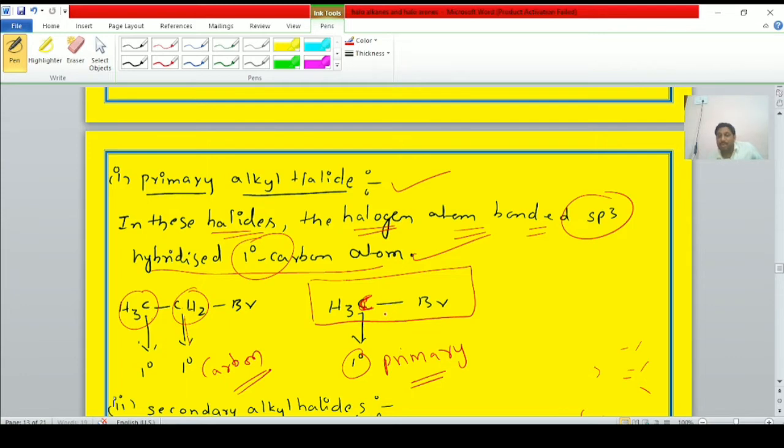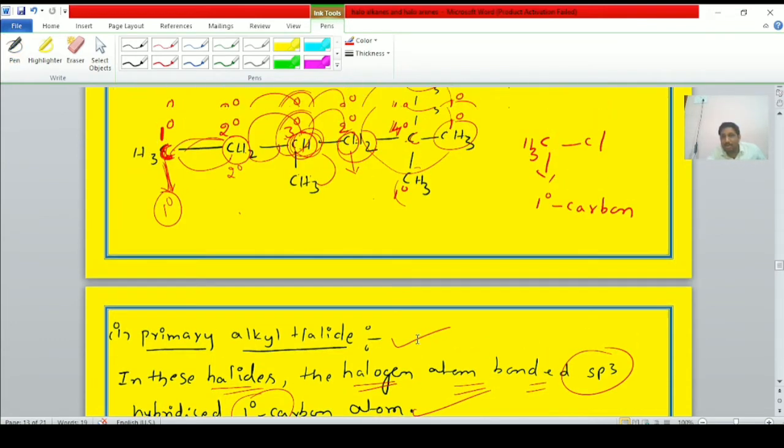It is also known as a simple alkyl halide, or primary alkyl halide. That's why only one example is given.